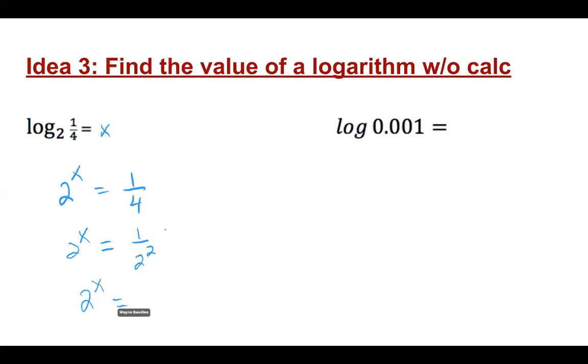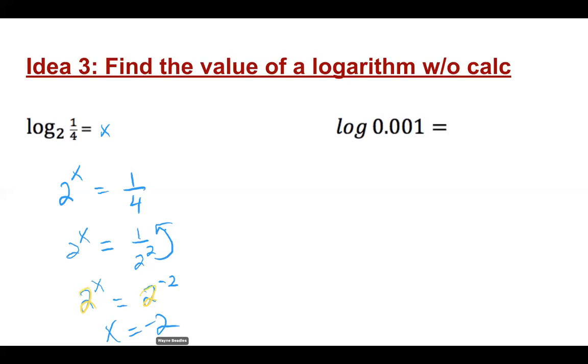So I take this and throw it upstairs. 2 to the 2nd power becomes 2 to the -2, because when you take something up into the numerator, it becomes a negative by the negative exponent rule. And now our bases are the same. You notice the 2's are the same. So now what we have is just x is equal to -2.